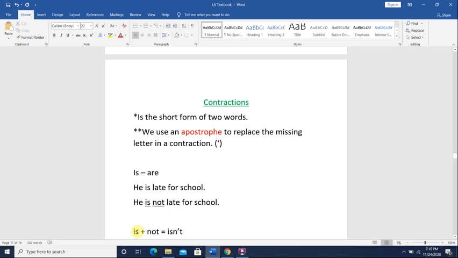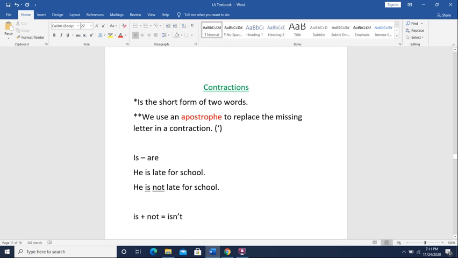If I want to join these two words, is not, and put them together in a short form, I write the first word is, and then next to it the first letter N from not, and then I take away the O and I put an apostrophe, and then I add the T. So the apostrophe here takes the place of the missing letter. Okay, this is how you write a contraction. And if I want to use it in a sentence, I'll write, he isn't late for school.